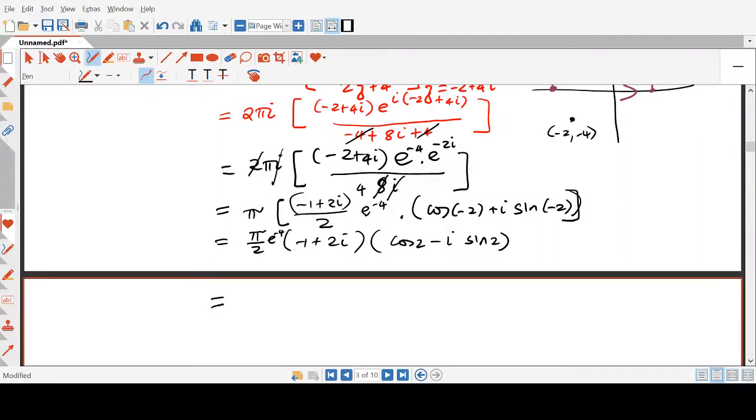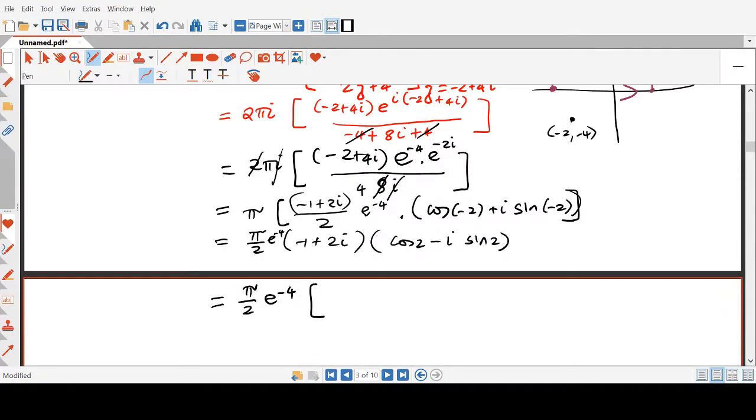You see, I need to separate the real part and the imaginary part. That's where I have to get to. Then because my question has got a sine in it, I'll read the imaginary coefficient as the answer. So I still got a little work to do now to combine the imaginaries. So far it's pi over 2 e to the minus 4.